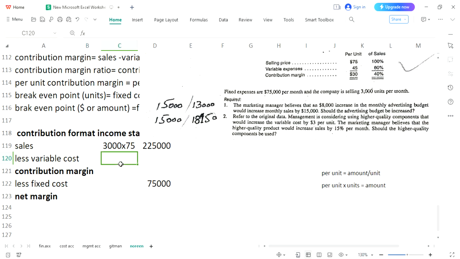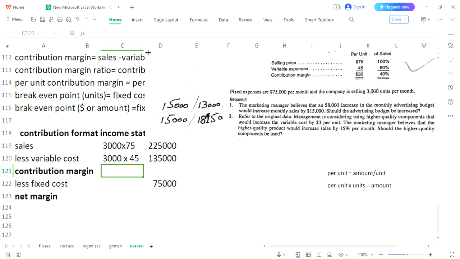Obviously 3000 units are given in the question and you need to multiply it with variable expenses, that is 45 per unit. Right over here, it's time to calculate its amount, 3000 multiplied by 45. So this way you have calculated your variable cost as well. Right now what we are doing, we are just going to complete our contribution margin income statement.